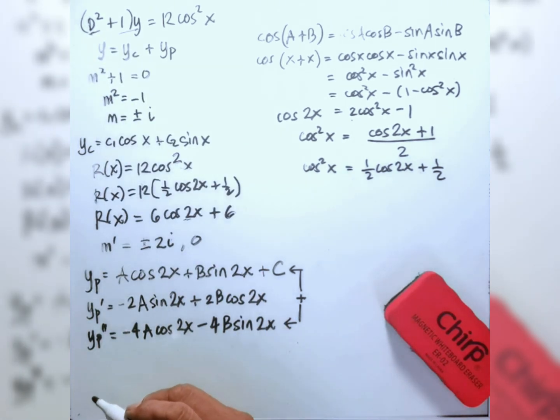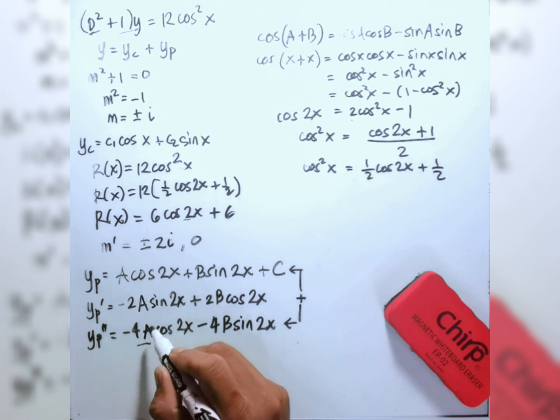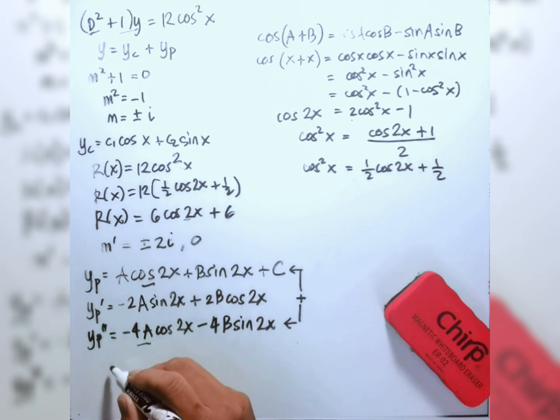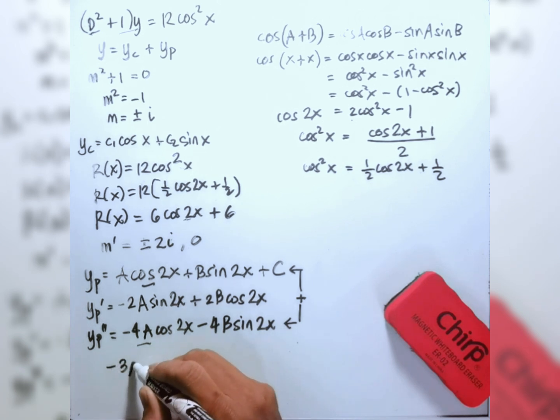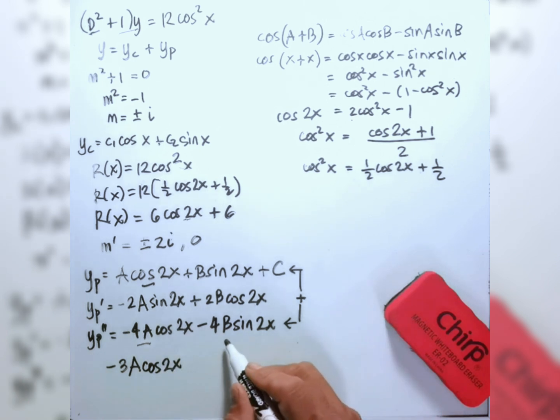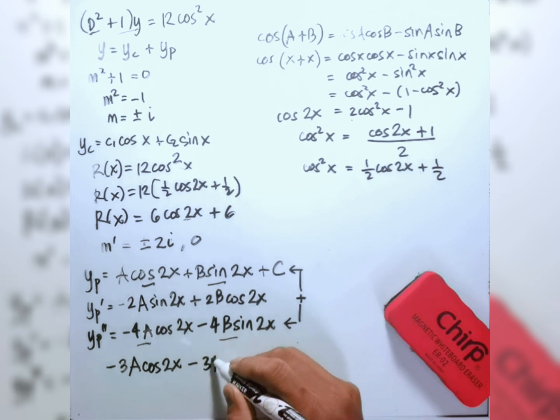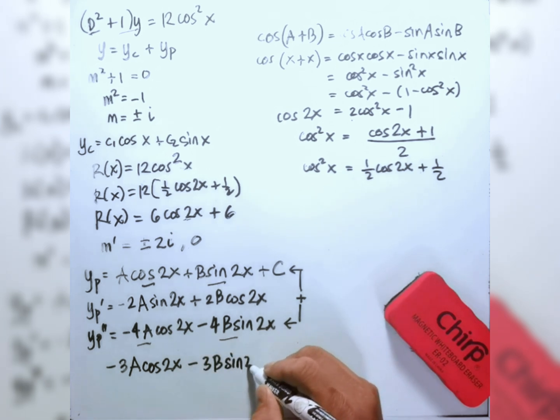So if we are going to add that, that means this plus this will give you negative 3a cosine of 2x. Then this plus this is negative 3b sine of 2x.